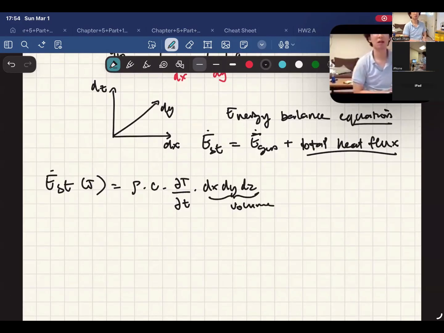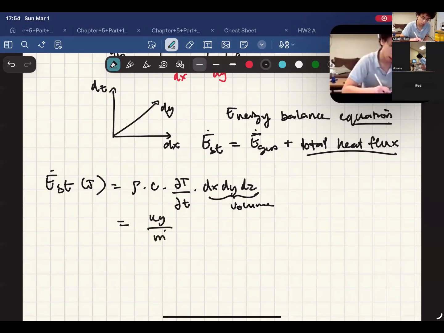I'm going to do a little dimensional analysis just to show you why we relate these variables. Density gives us volume over mass, meter cubed over... actually, I'm sorry, it's the other way around. That's specific volume.